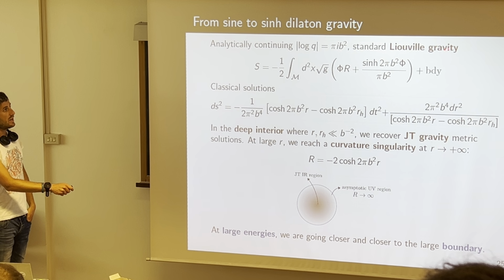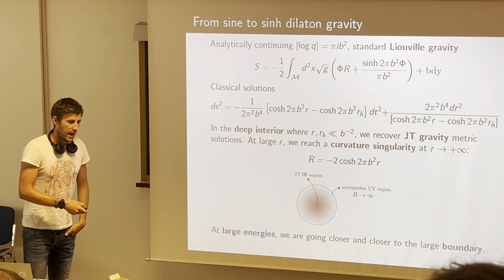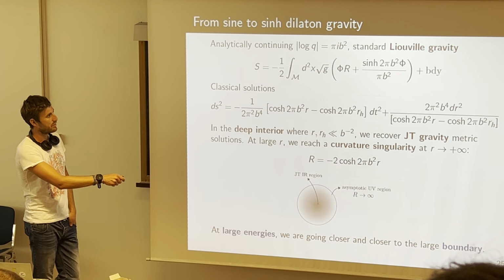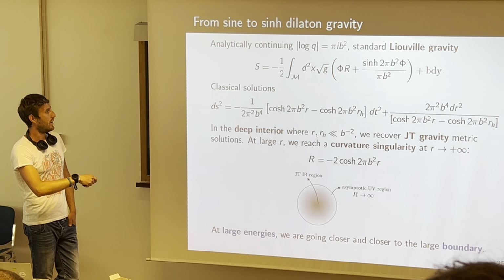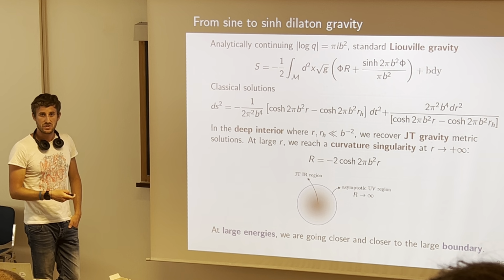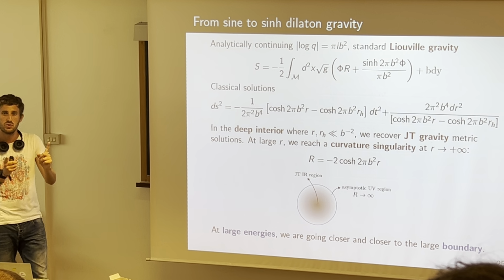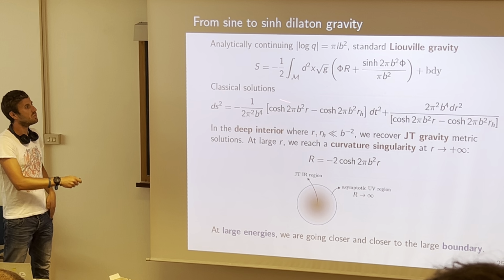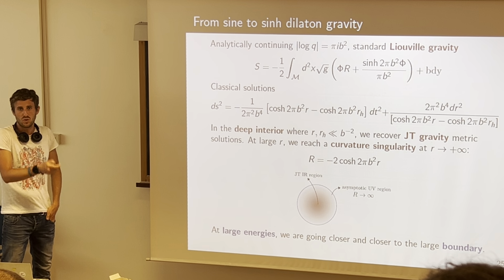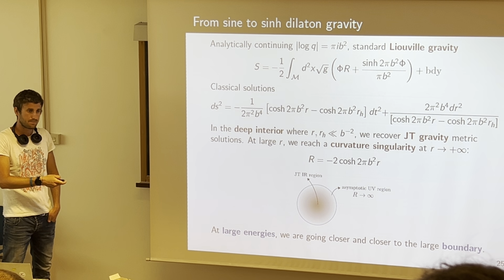This theory is known as Liouville gravity in the literature. If we again perform the field redefinition that I showed you at the beginning, one can go to a string formulation of this theory, where instead of having two Liouville CFTs with complex conjugate central charges, you have two Liouville CFTs, a time-like Liouville and a space-like Liouville, but now with real central charges.